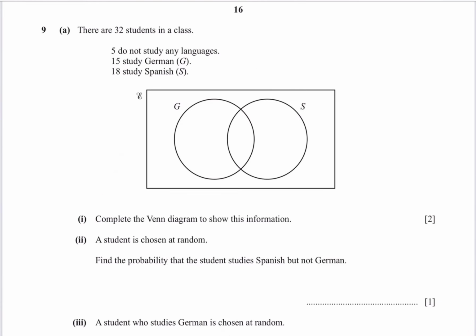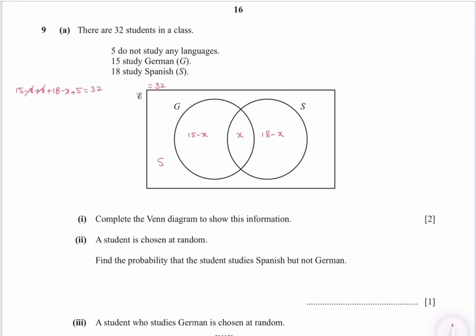Question number 9. 32 students in a class. Okay, 5 do not study any language, so it will be written outside. 15 minus x, then x, then 18 minus x.